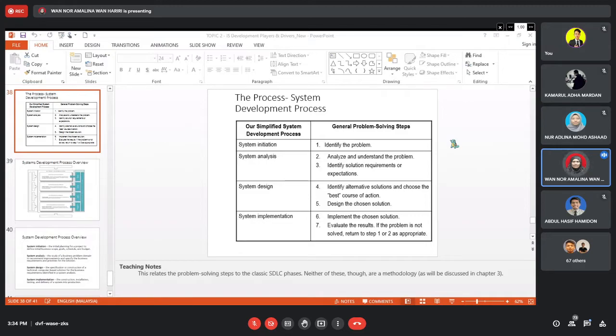All right. So the next step: analyze and understand the problem. That is what I described briefly just now. You have to identify who the stakeholders are, in order for you to analyze and understand the problem. You cannot simply assume.